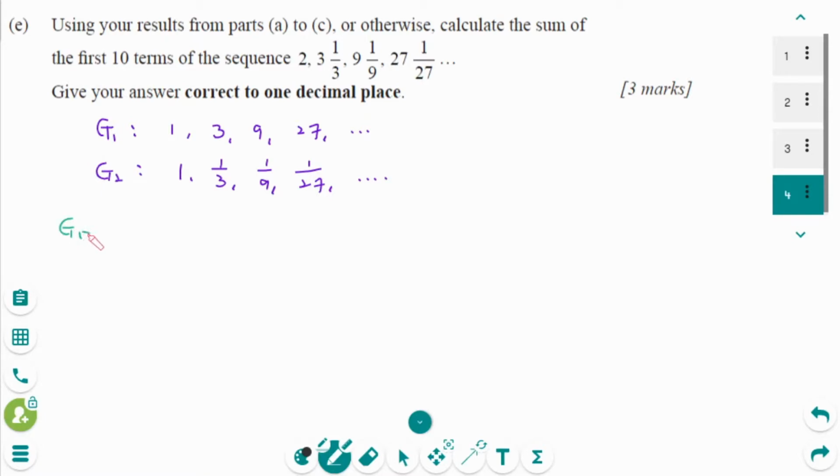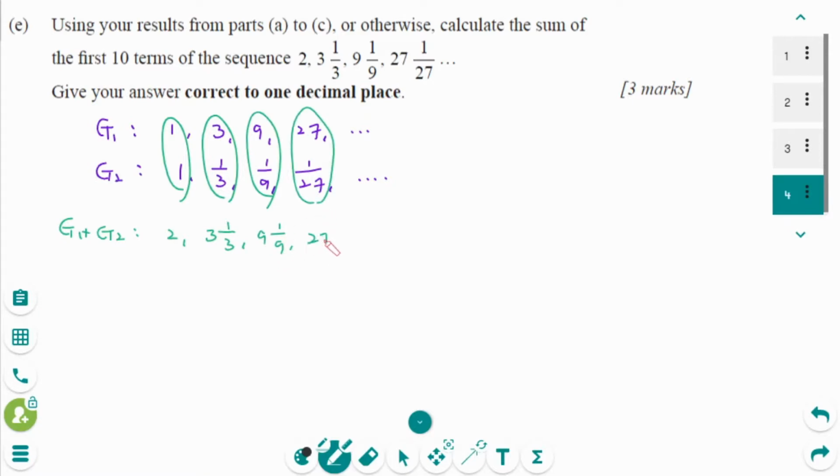Then G1 plus G2 make 2, 3 and 1 over 3, 9 and 1 over 9, 27 and 1 over 27. The sum of the sequence given is 29,524 plus 1.50 equals 29,525.5.